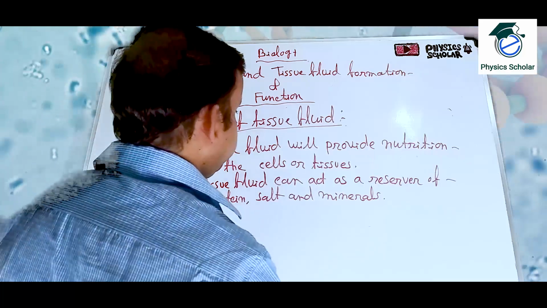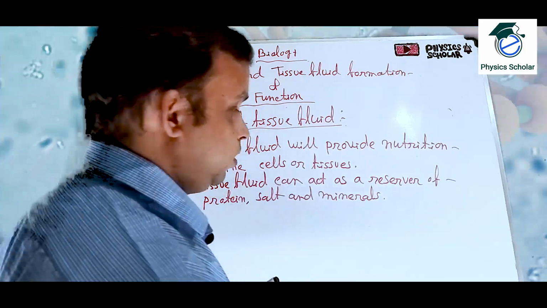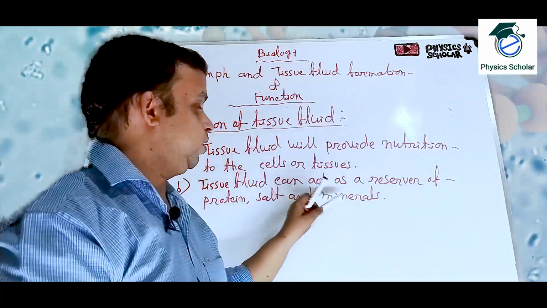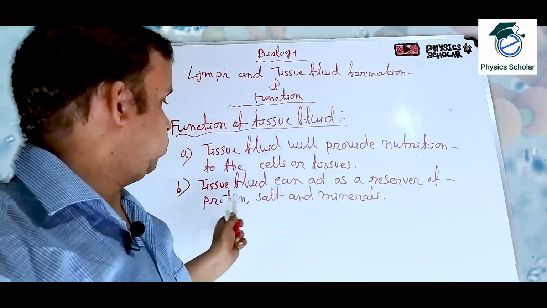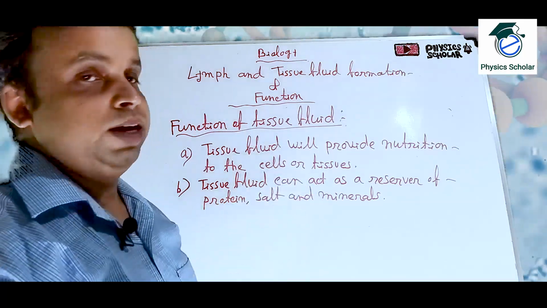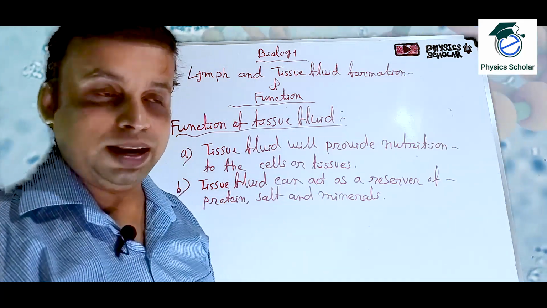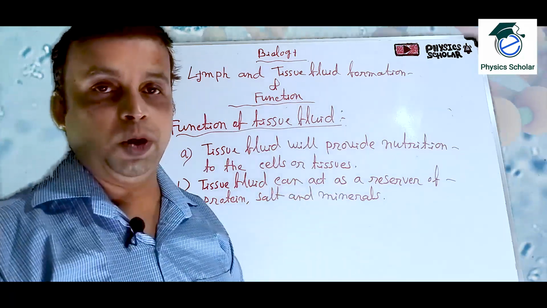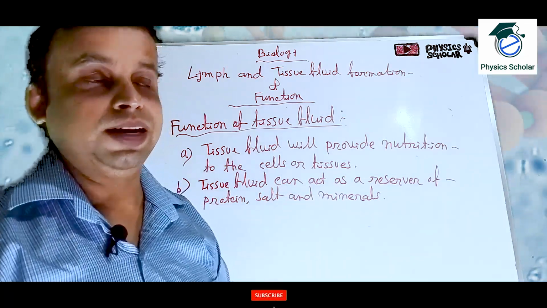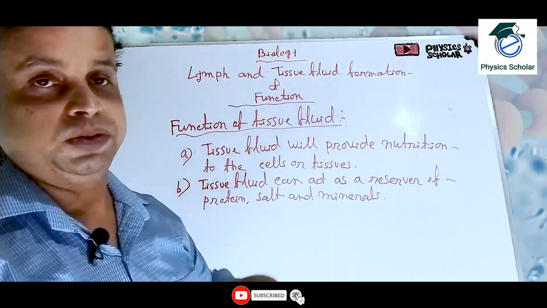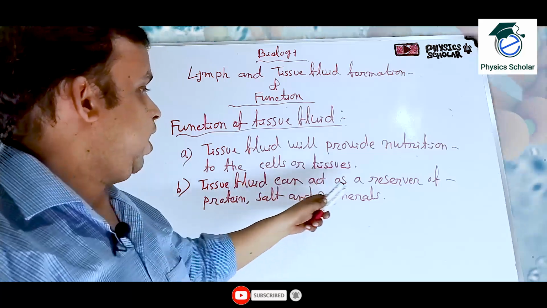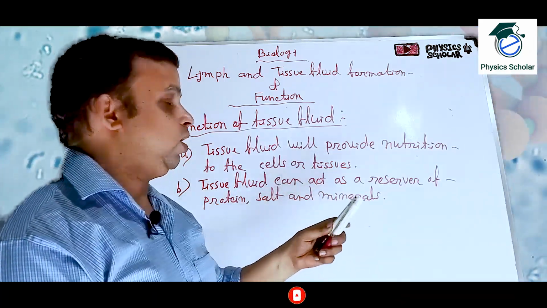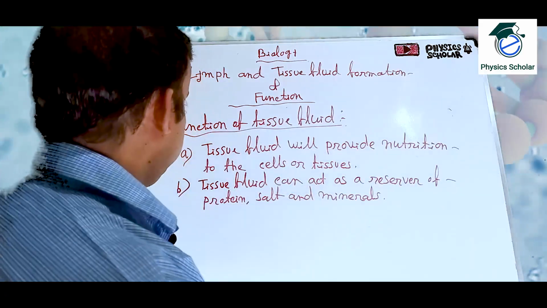So the tissue fluid can act as a reservoir, that means when it is required by our body, clear, it can be stored inside the tissue fluid for the temporary basis, clear. So when it will be required by our body, then it will be supplied from here directly to our cell or tissues, clear. So the tissue fluid can act as a reservoir of protein, salt and minerals, okay.